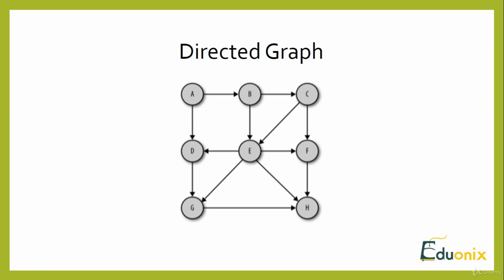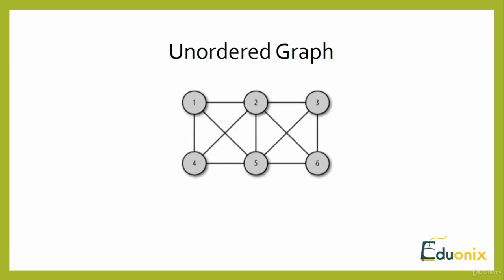Then we have one more terminology in graphs, which is called a cycle. A cycle is a path with at least one edge whose first and last vertices are the same. A simple cycle has no repeated edges or vertices, for both directed and undirected graphs. Undirected means unordered graph.